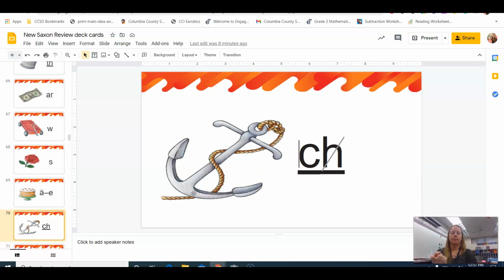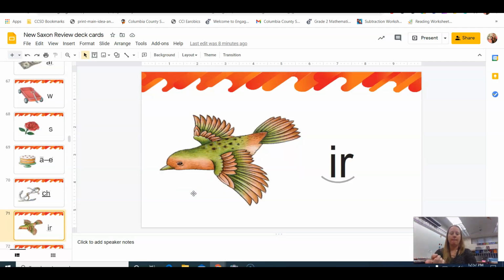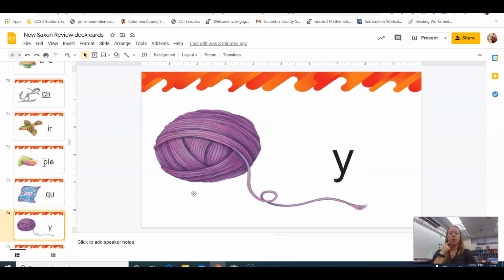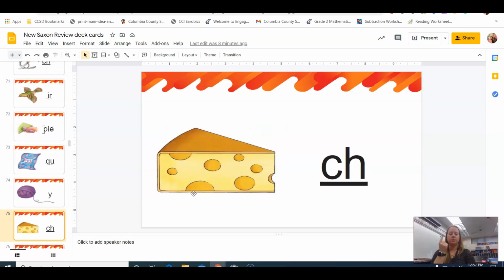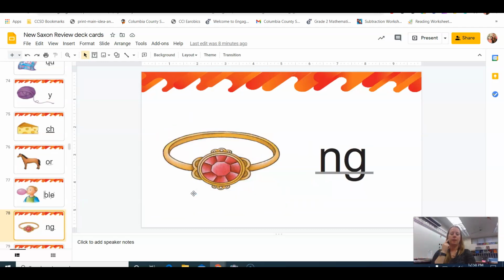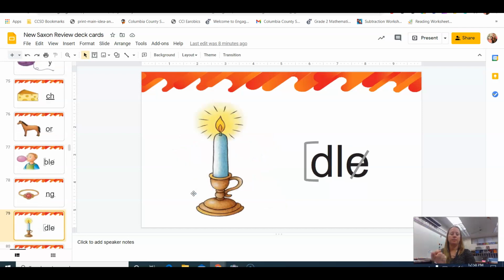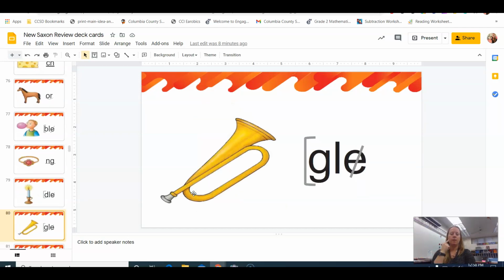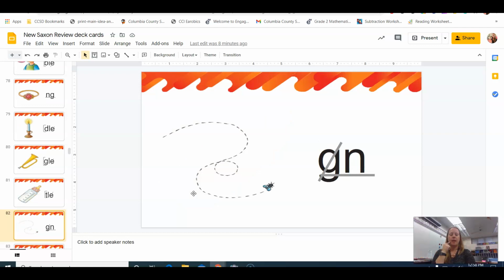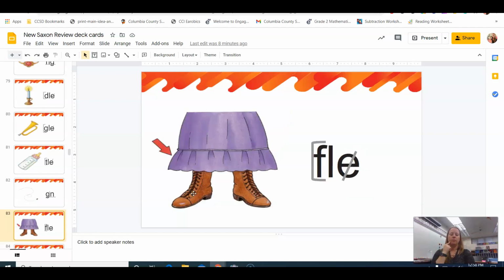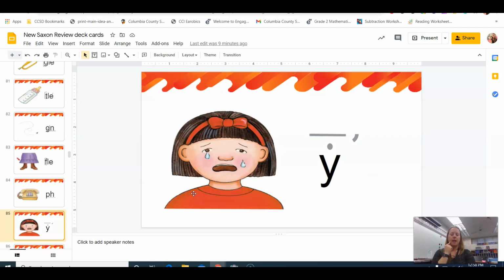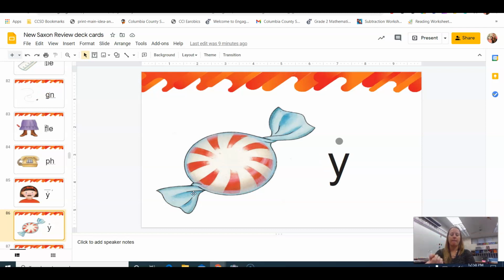Anchor k. Staple pull. Quilt qua. Yarn y. Cheese ch. Horse or. Bubble bull. Ring ng. Candle dole. Bugle gull. Bottle toll. Gnat n. Ruffle full. Phone f. Cry i. Candy e.